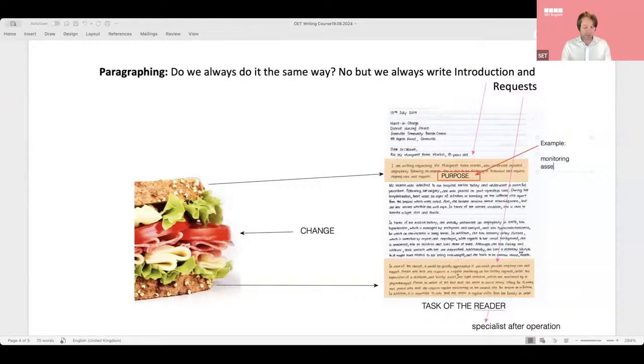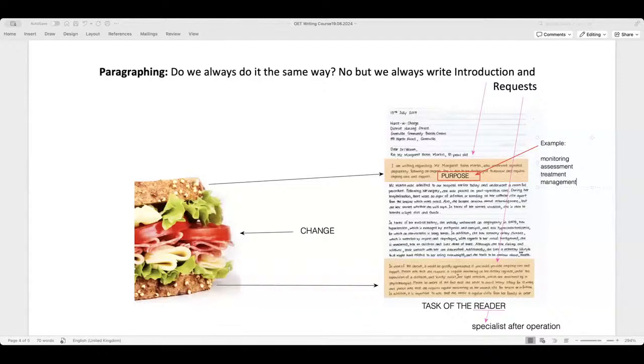It could be assessment, right? Guys, give me some examples, everyone now. Monitoring, assessment, medication, assistance, ongoing procedure, treatment, could be management. Wound care, very common for nurses, right? Yes.